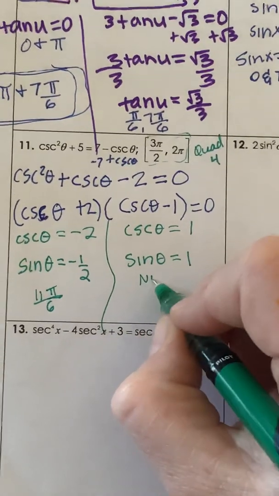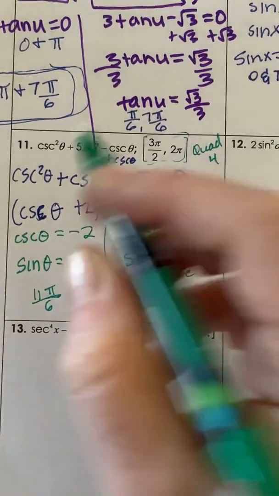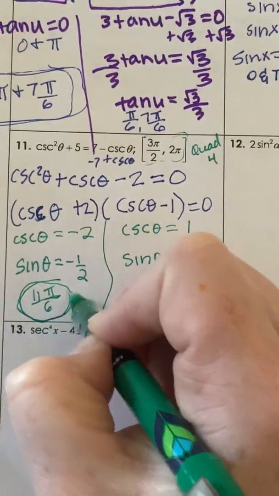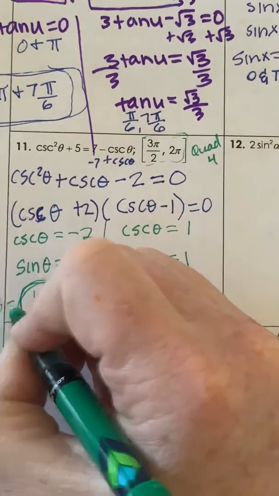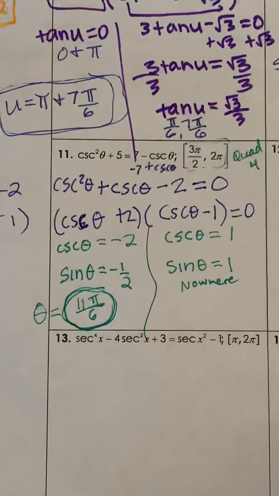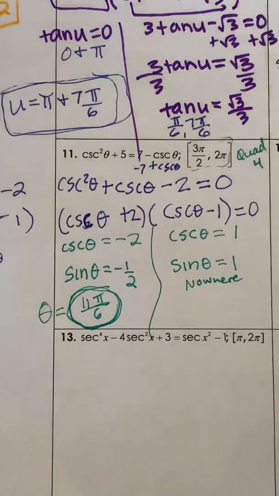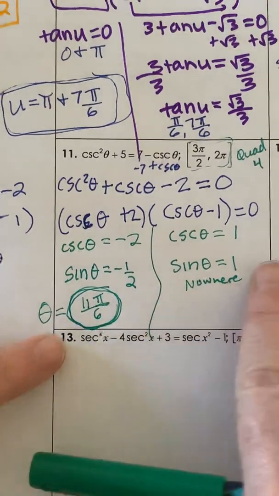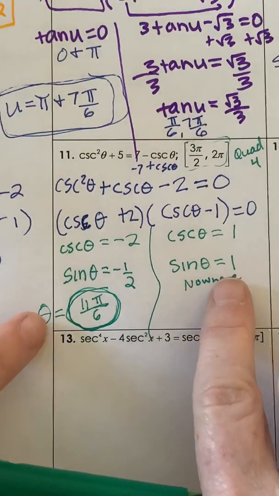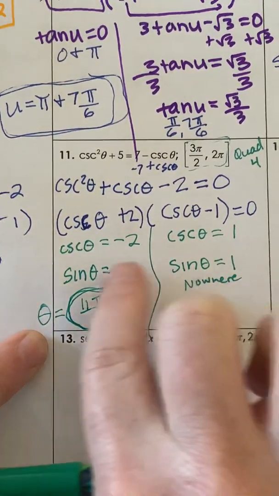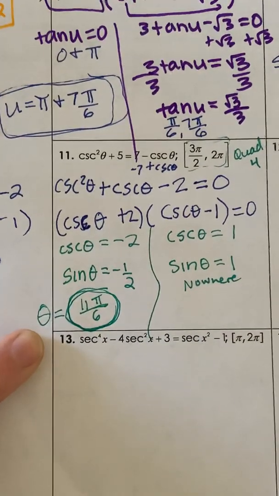Nowhere. Okay, so 11 pi over 6, that's it. So you can also hone in on your quadrant and only look at those values.